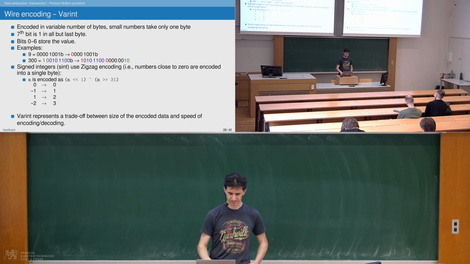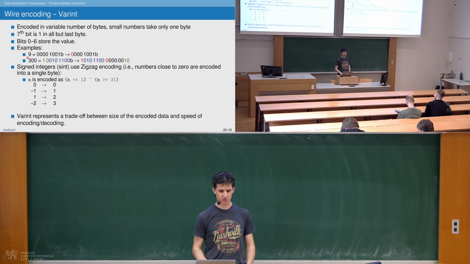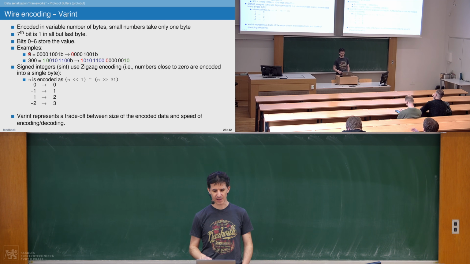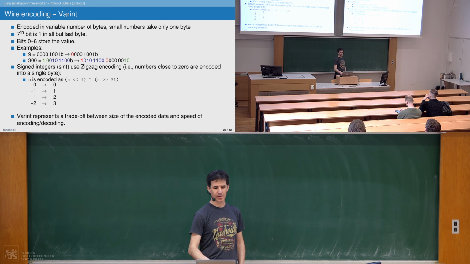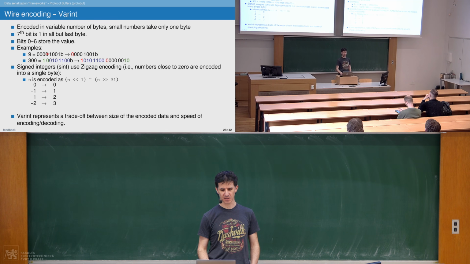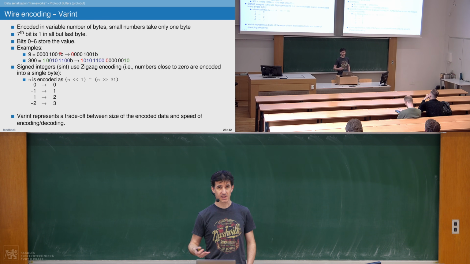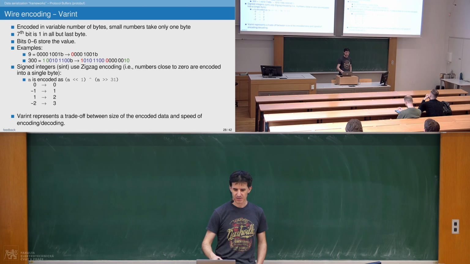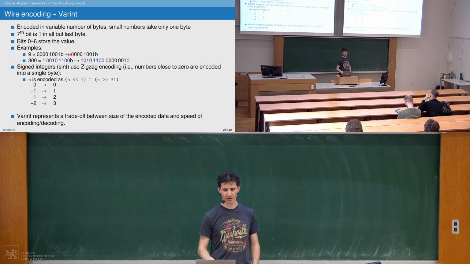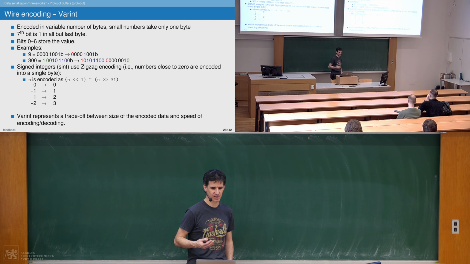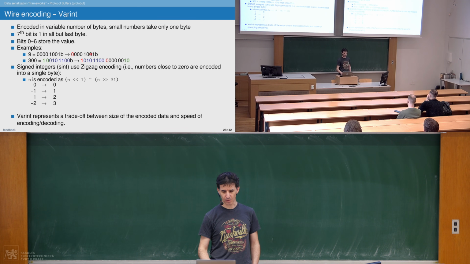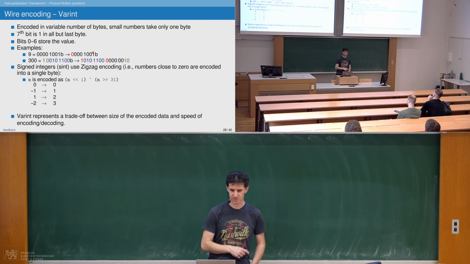So if you want to send or encode this number 9 as var-int, in binary 9 is encoded as 1001. This can fit into 1 byte, so this is encoded as 0, as the last byte of that number, and then 1001 bits here.